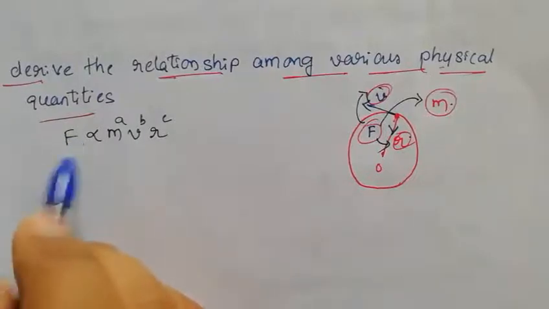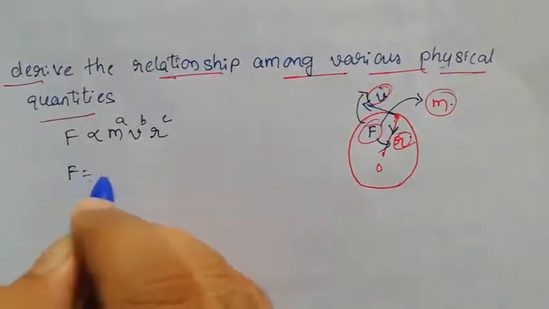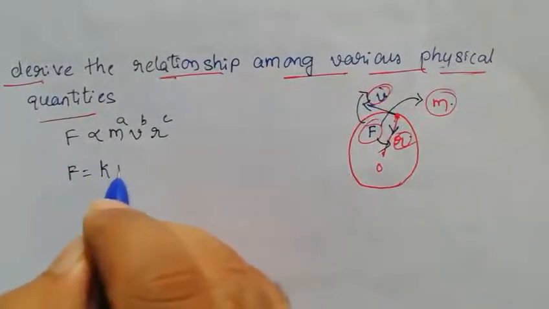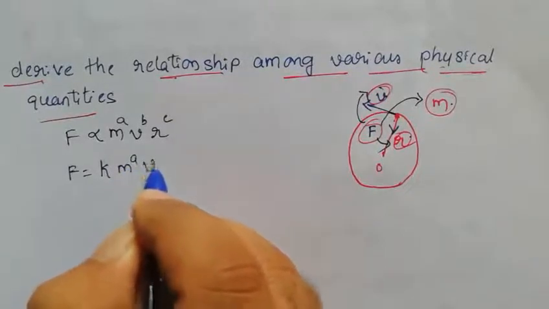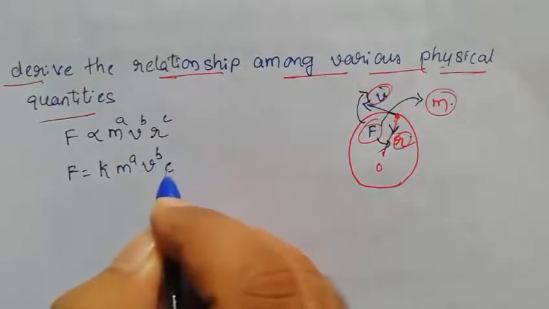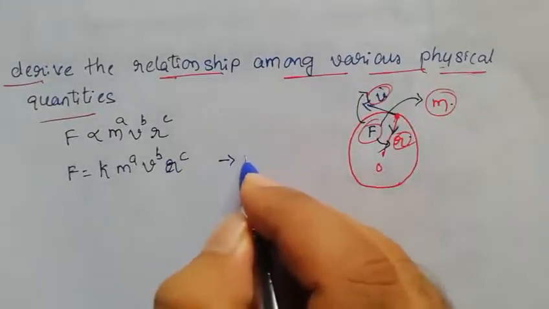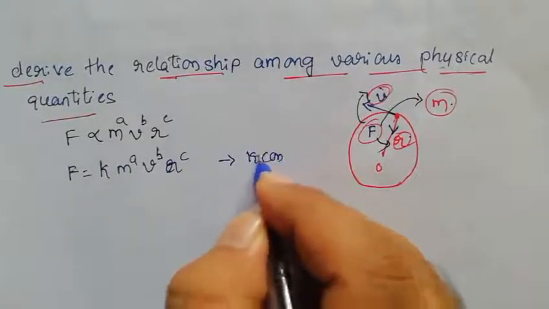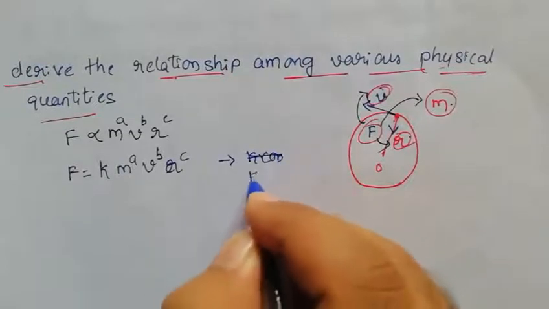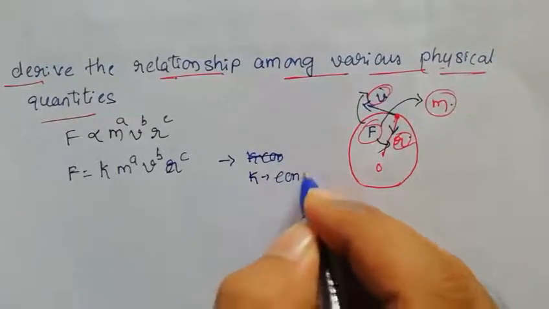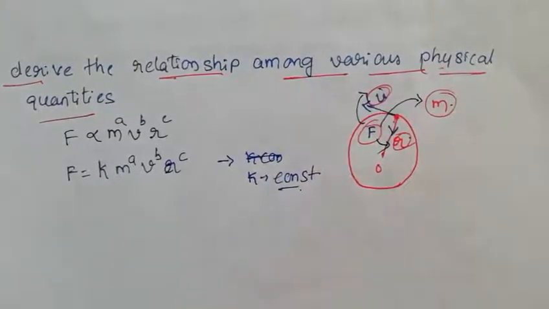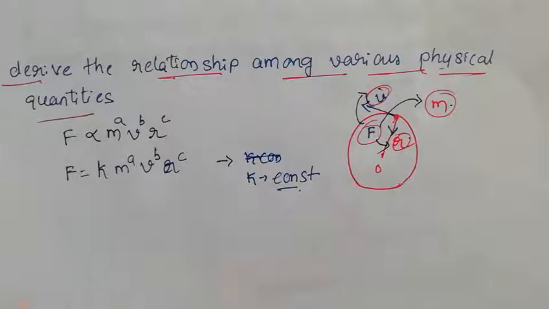Here I will replace the proportionality and write F equal to K into M to the power of A, V to the power of B, and R to the power of C, where K is a constant. That constant value cannot be determined using the dimensional method. That's a demerit.